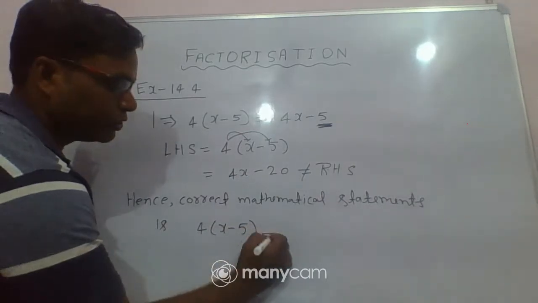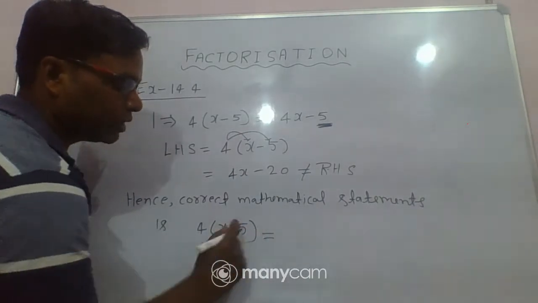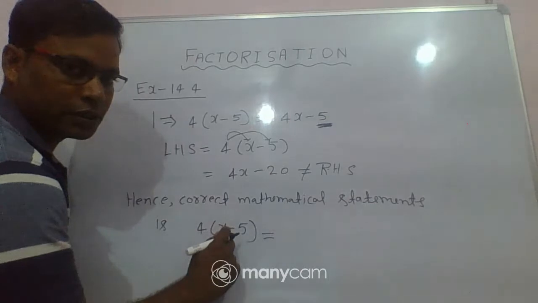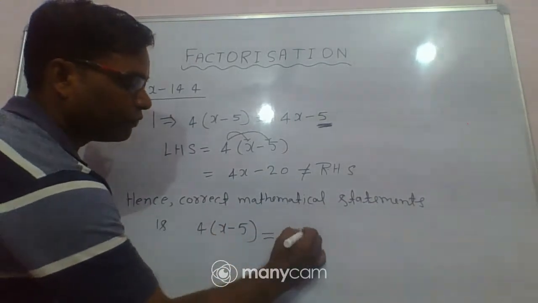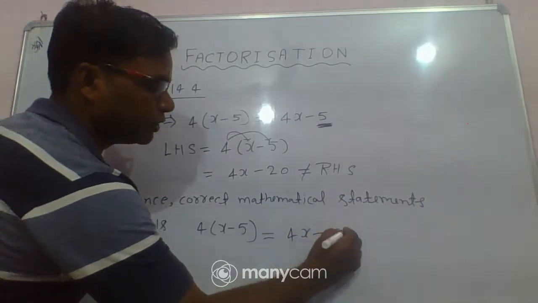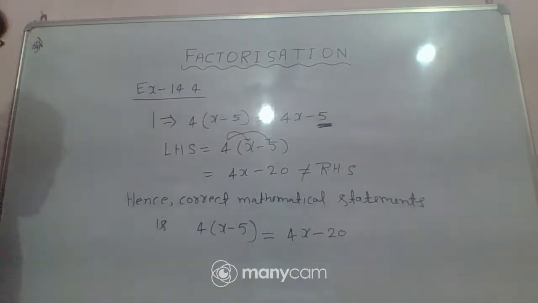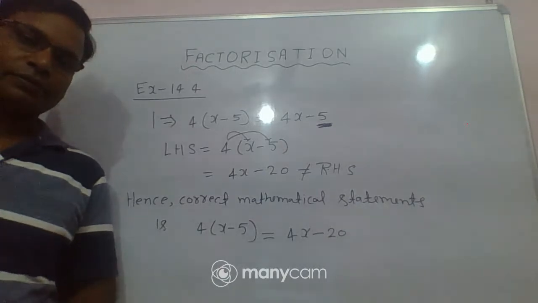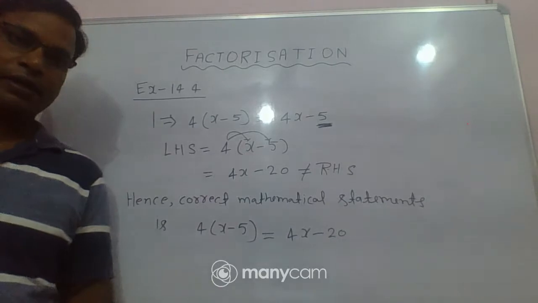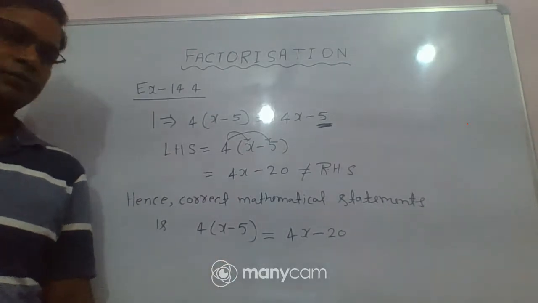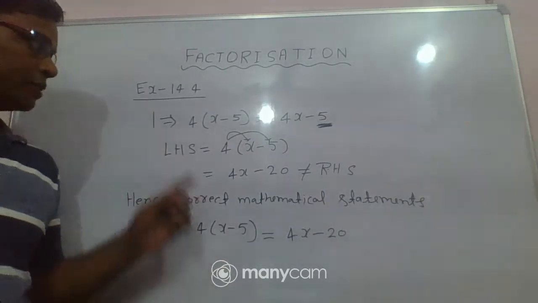So what is correct? We solve it and we find 4x minus 20. So 4 into x minus 5 is equal to 4x minus 20. This is the correct mathematical statement.